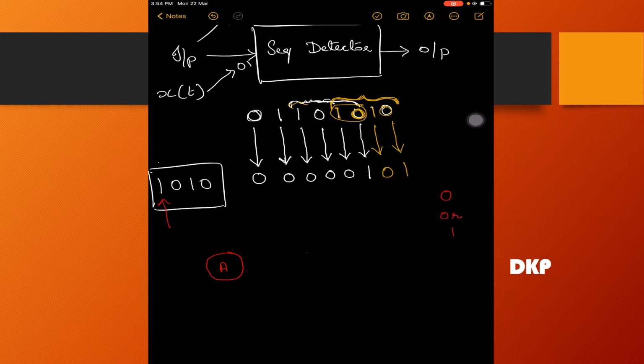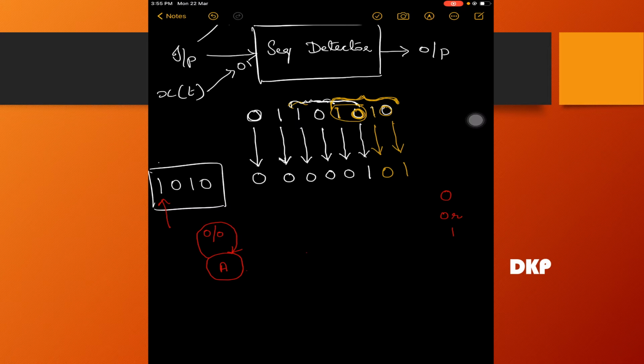So, it remains in the same state and outputs a 0. Therefore, we draw an arc starting from A and terminating at A and label it with the input given, 0, and the output received, 0. Why is the output 0? Because the sequence has not been detected.